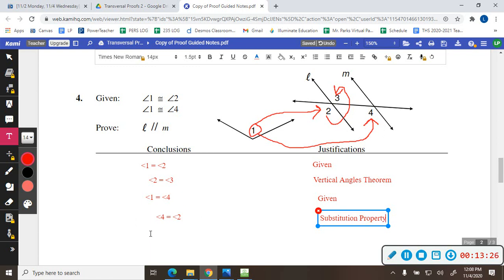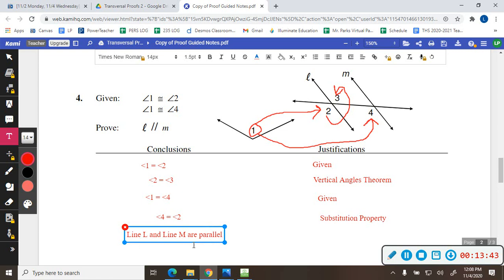So now I could jump here and I could say that line L and line M, this should be an L, are parallel. How do I know that?